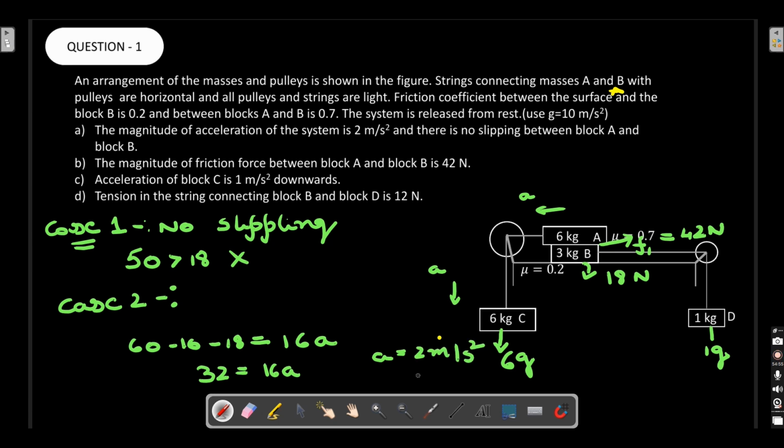Now, since you got this, you should verify whether this is right or wrong because I just assumed it. Further, what should I do? Carefully understand. Now, I'm considering this particular block.